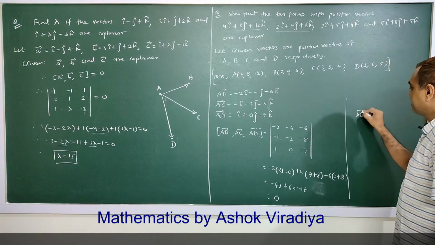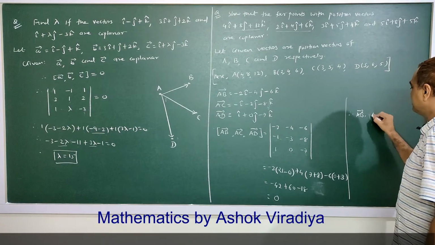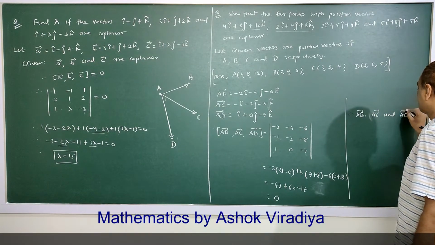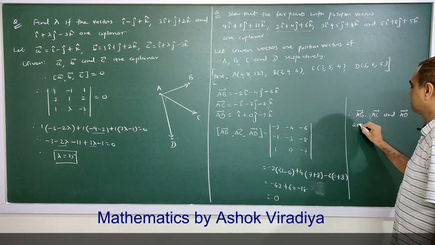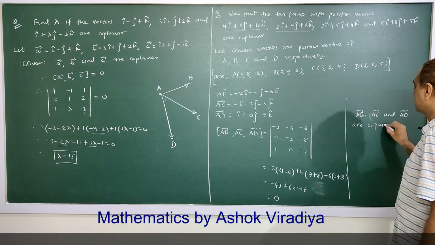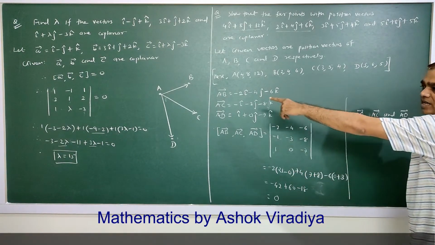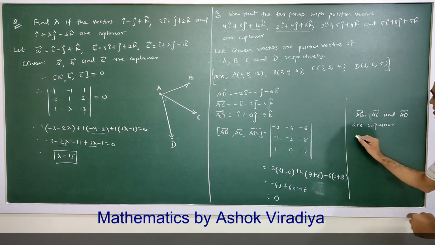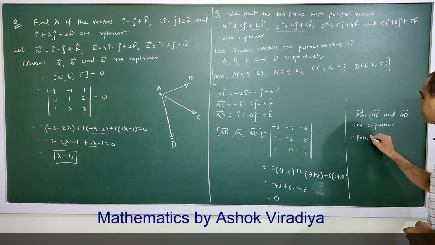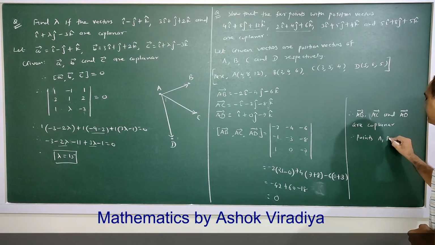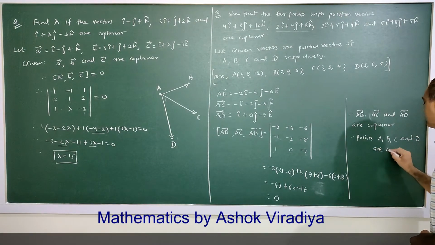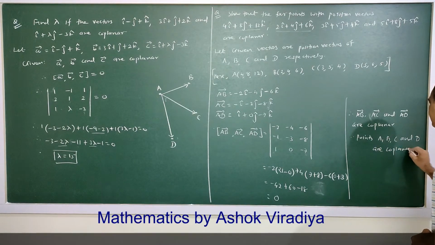Therefore, vector AB, vector AC and vector AD are coplanar. Three vectors are coplanar only when the 4 points A, B, C, D are coplanar. Therefore, points A, B, C and D are coplanar points.